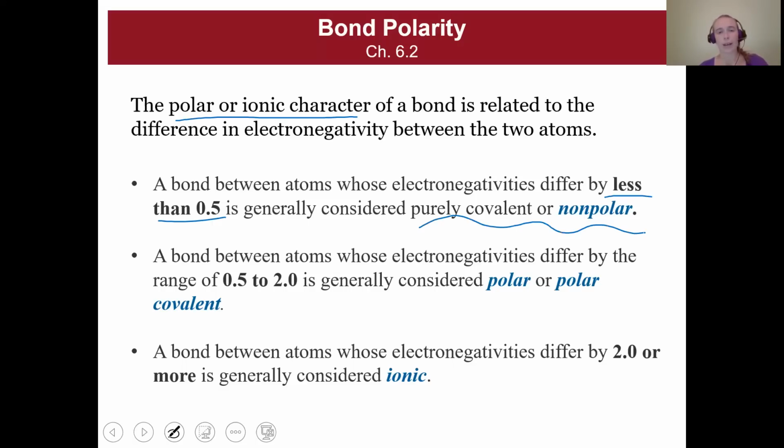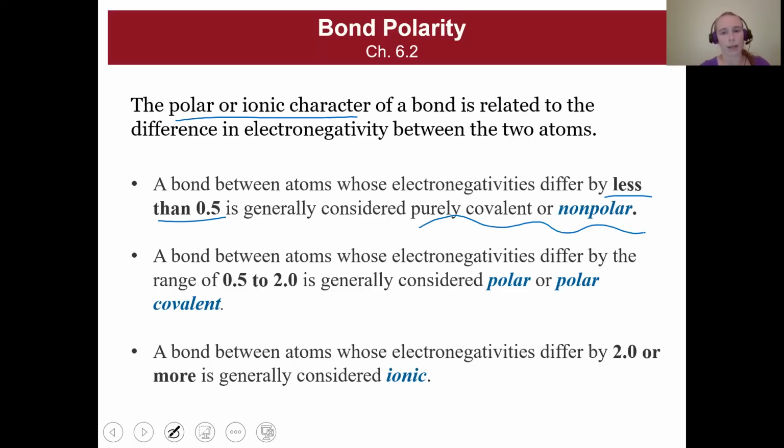Both of those fluorine atoms really want those electrons to be close to them, but they're both equally electronegative, so the electrons still end up being shared equally between the two because they both pull just as hard. It's like two really good tug-of-war teams against each other. So that's considered a purely covalent or nonpolar bond.